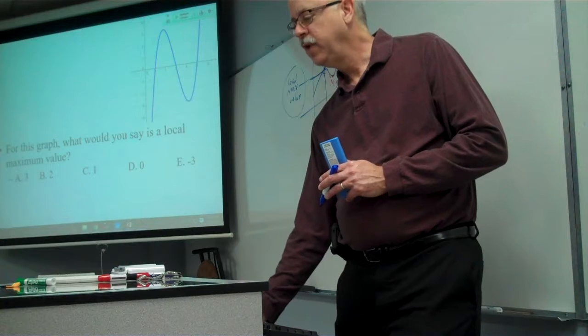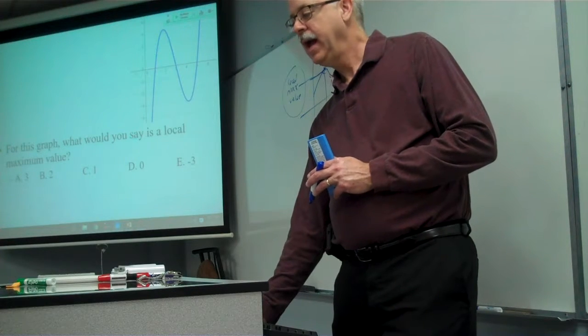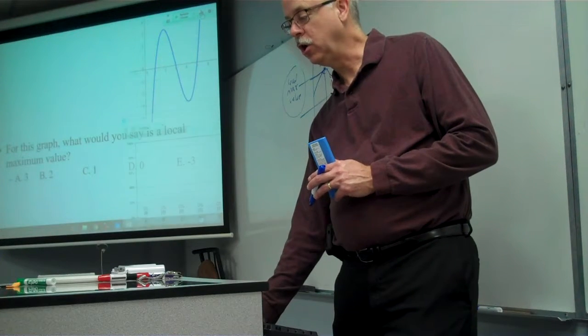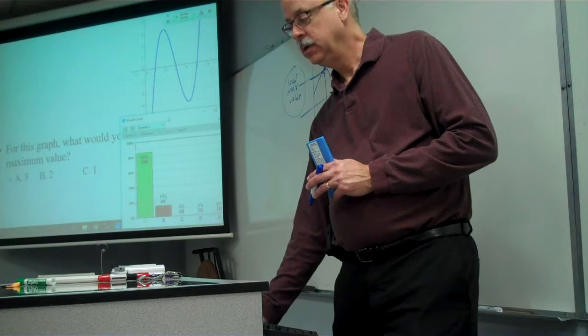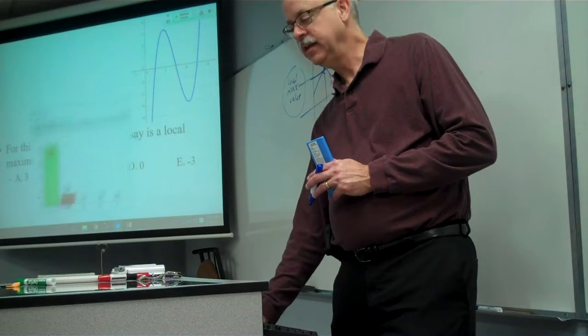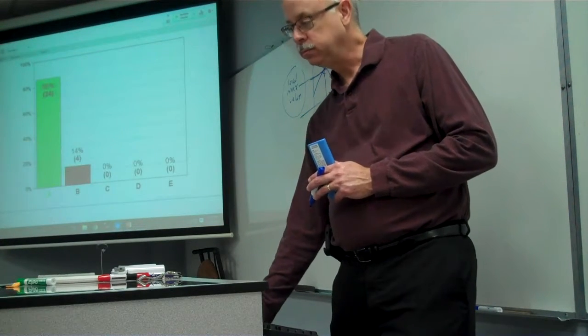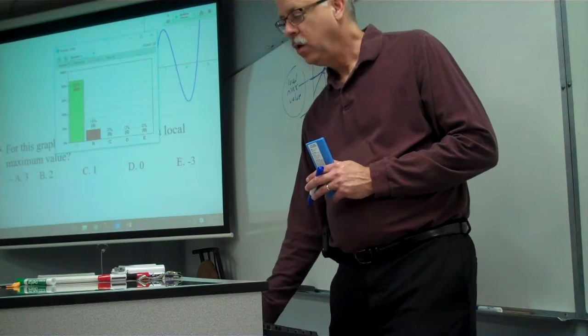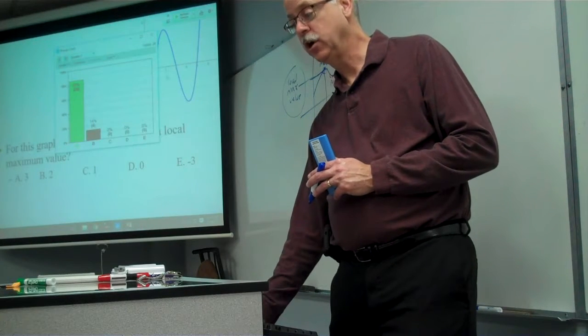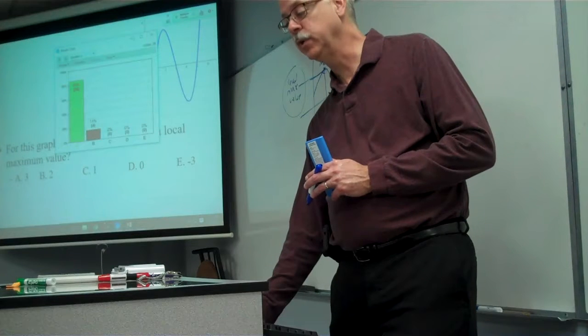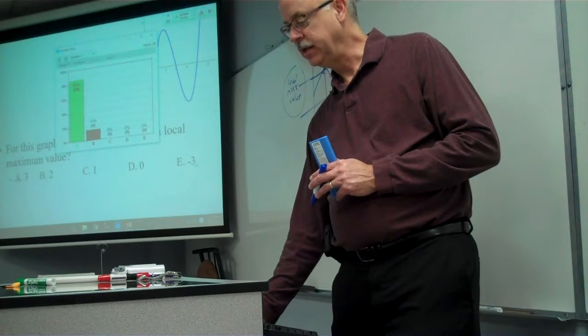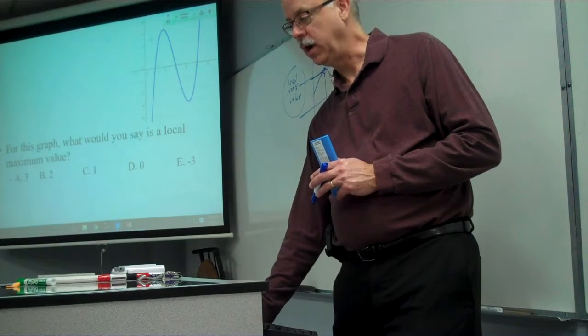So our local maximum value, the peak is at a height of 3. That is our local maximum value. The 2 is actually the answer, I think, to the next question. Where does it occur? It occurs at an input of 2, but the value is 3, and oh, nobody said minus 3. We had that for a while going on.